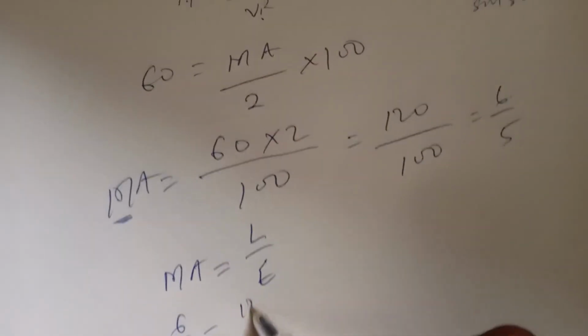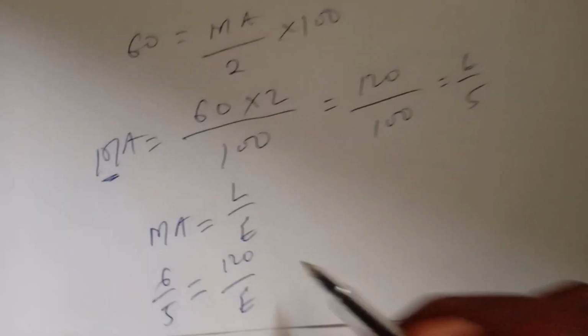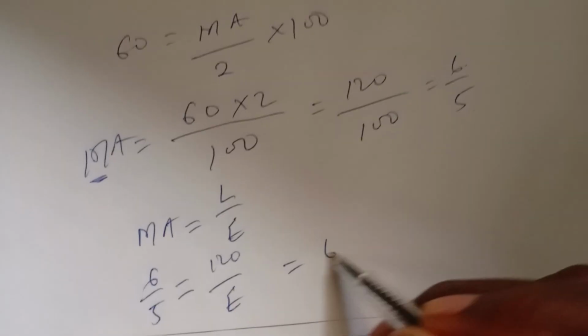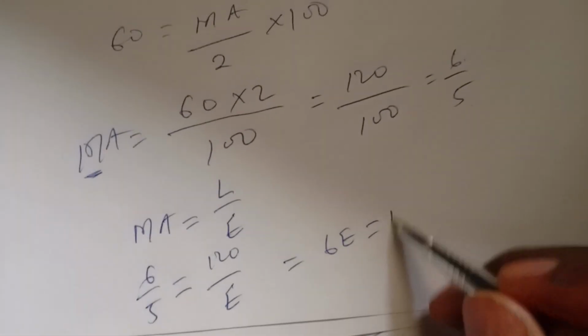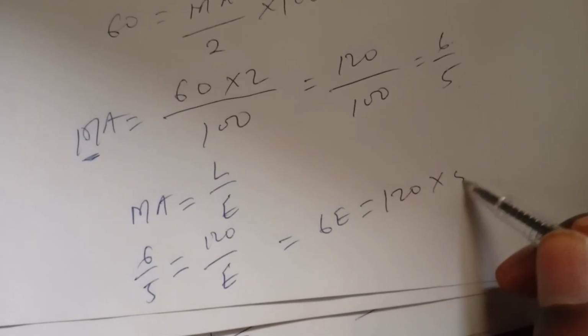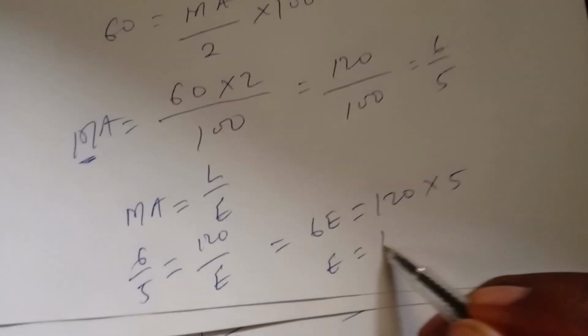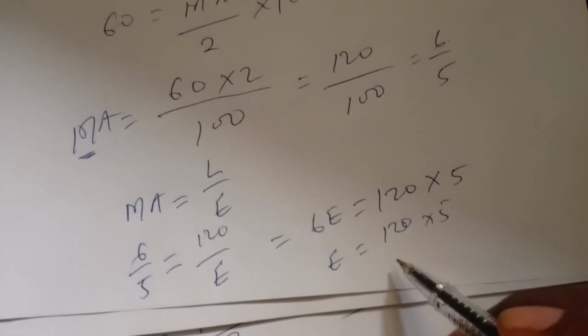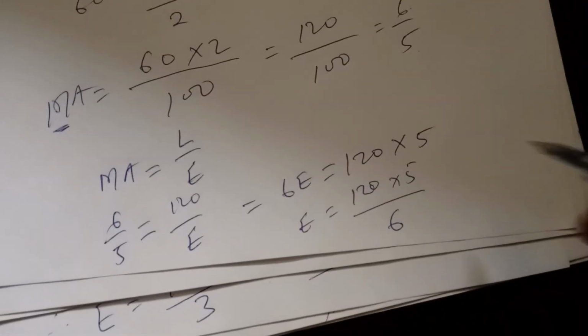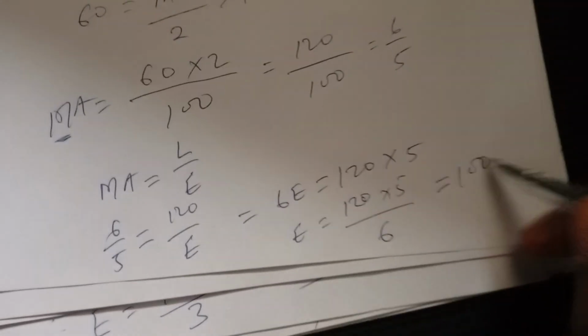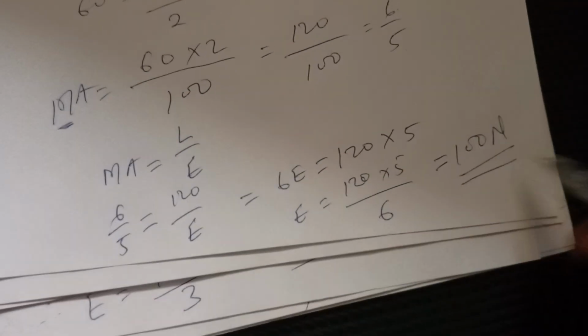So that will be 120 over E. If we cross multiply, we get 6E equals 120 times 5. So E equals 120 times 5 over 6, which gives us 100 Newton. Very simple and very straightforward.